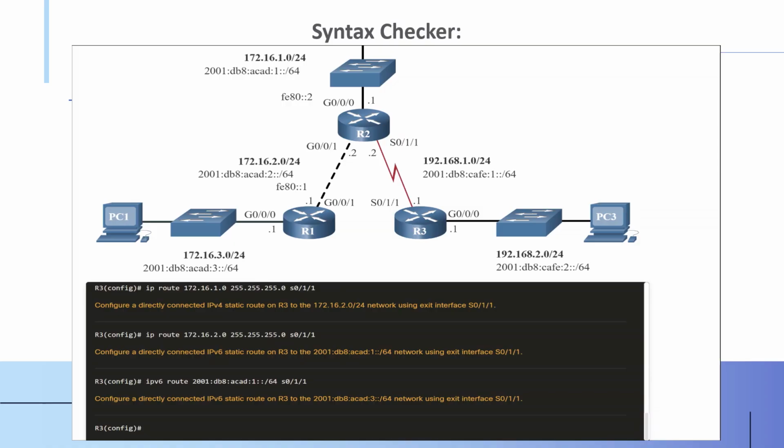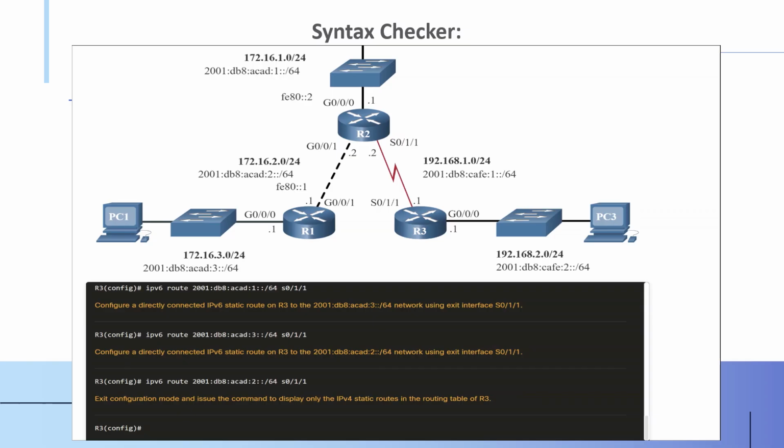And now we are configuring the IPv6 route, where we configure directly connected IPv6 routes by using the exit interface for all three remote networks, same as the IPv4 network, just we have to change the command ip route to ipv6 route, and then we use the destination network that we want to reach and the exit interface.